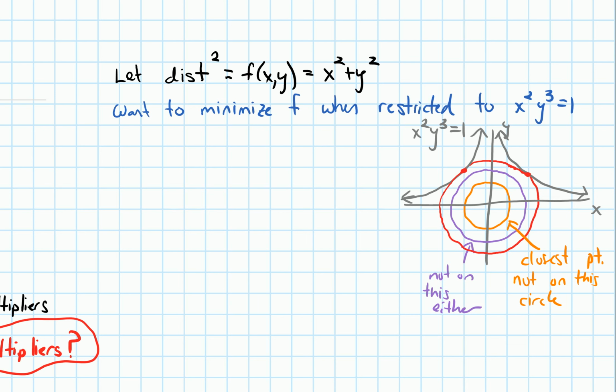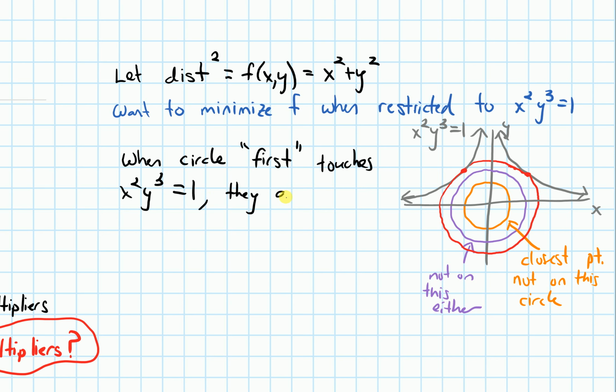Okay, so we have this circle, and it's intersected that curve twice, just ever so slightly. So another way to say that is when the circle first touches the curve x squared y cubed equals 1, so the radius first gets large enough to just ever so slightly touch it, they are tangent.